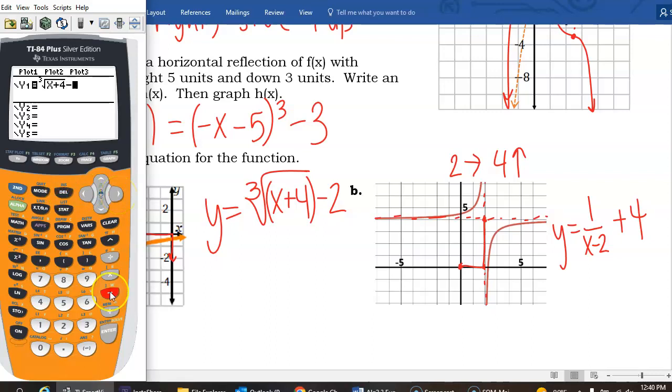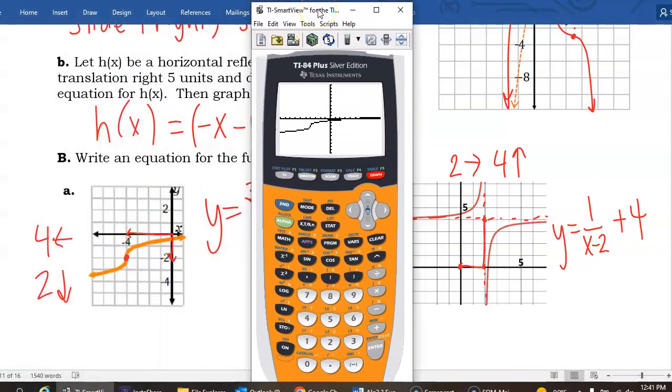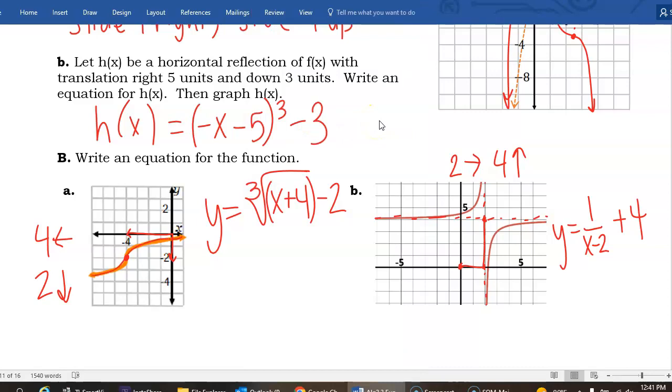There we go. Take away 2. So like I said, x plus 4 in the parentheses, also where the bar stops, minus 2. And if I hit graph on that one, kind of slide it out of the way a little bit, I can see that same shape right here that mirrors this one right here.